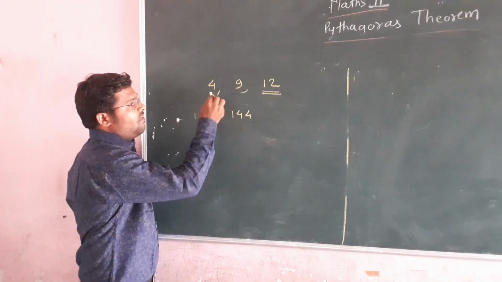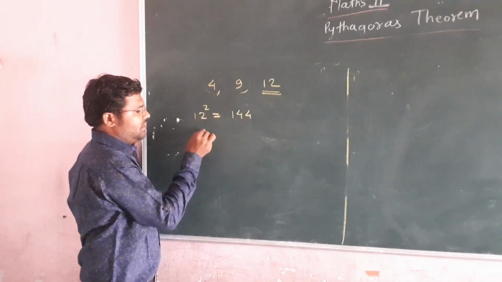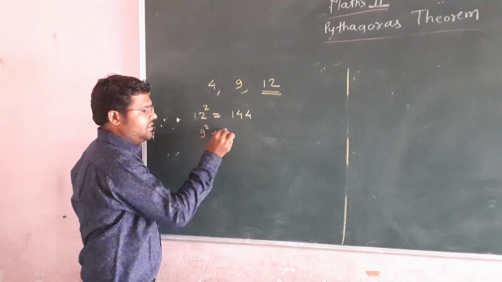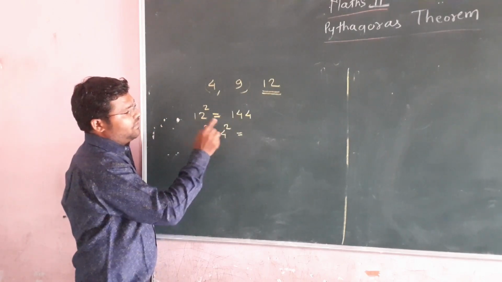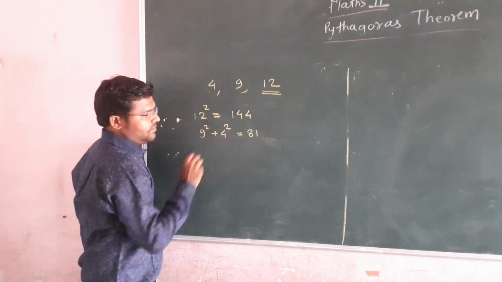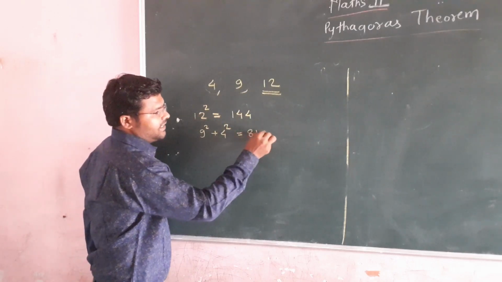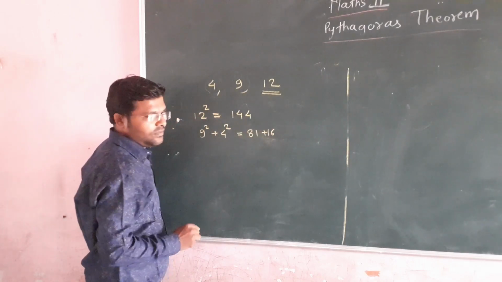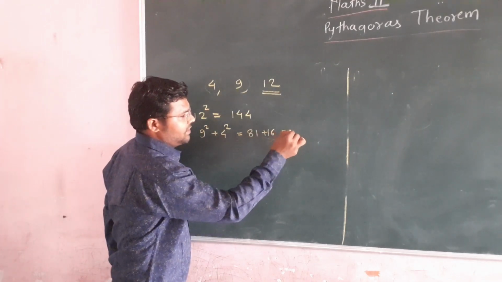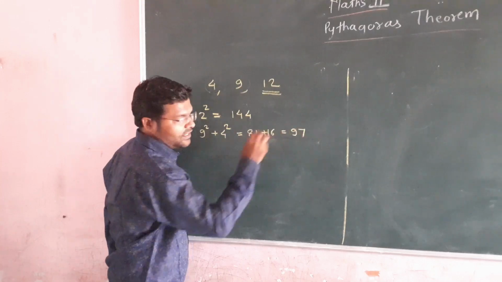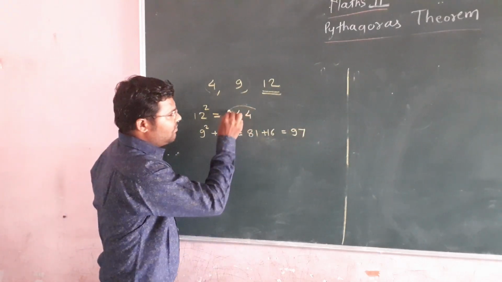Now the sum of the squares of the other two numbers: 9 square plus 4 square. 9 square is 81, 4 square is 16. Now the addition 81 plus 16 is 97. So is it equal?